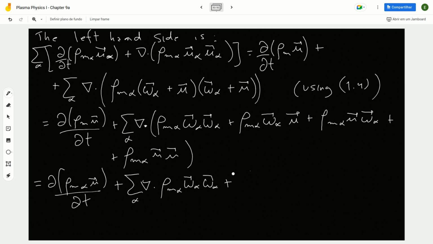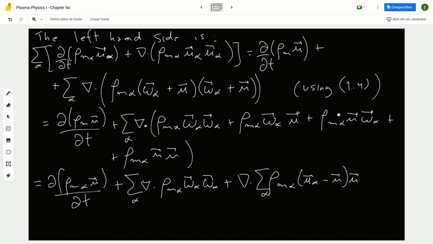The divergence is a linear operation, so I can remove it from the sum. I can write it like this: sum of rho, in place of omega in this term, I'm going to use u alpha minus u times u.